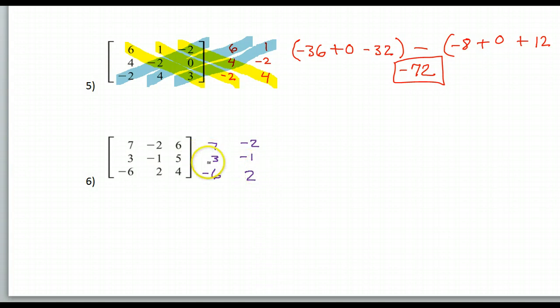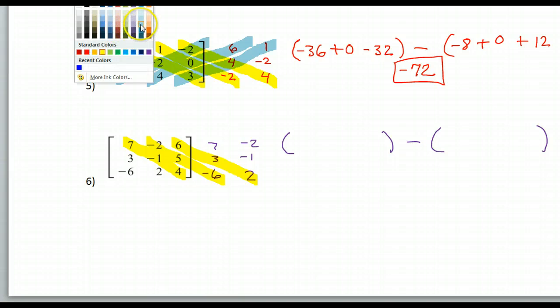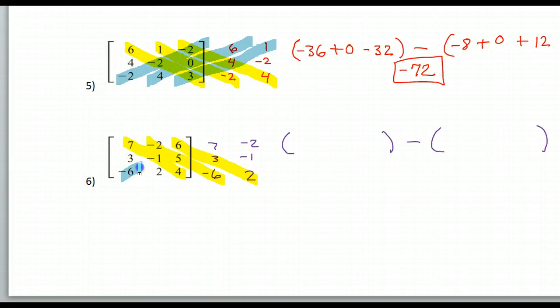I'm going to do my down diagonals once again, minus my up diagonals. So let's illustrate it like this. Down diagonals are this guy, and this guy. And then my up diagonals are this guy, and this guy.